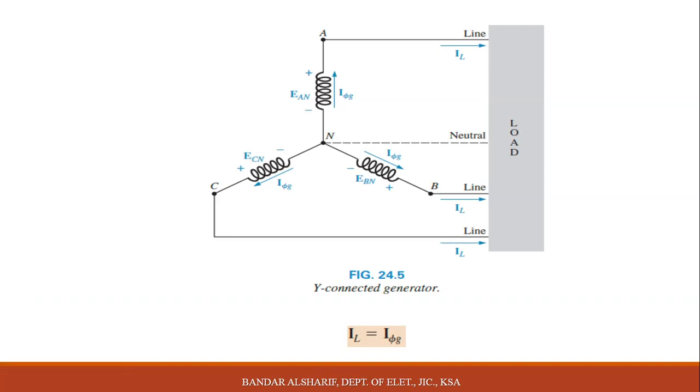here. In general, any current going through the line between the source and load, we will call it I line. Okay, and any current going through any impedance, either it is resistor, inductor, capacitor, or resistor, inductor, any current going through the impedance, we will call it I phase, current phase.